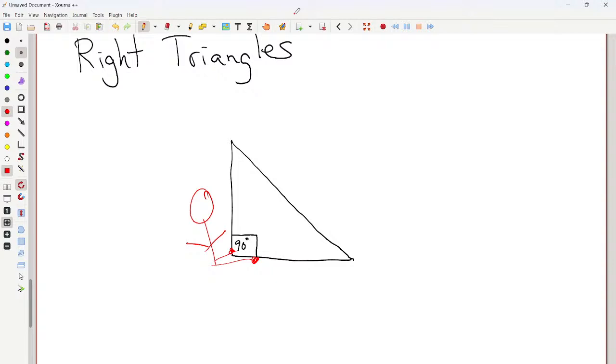The side my feet are not on is my opposite side. What do we call the side opposite the right angle? The hypotenuse.